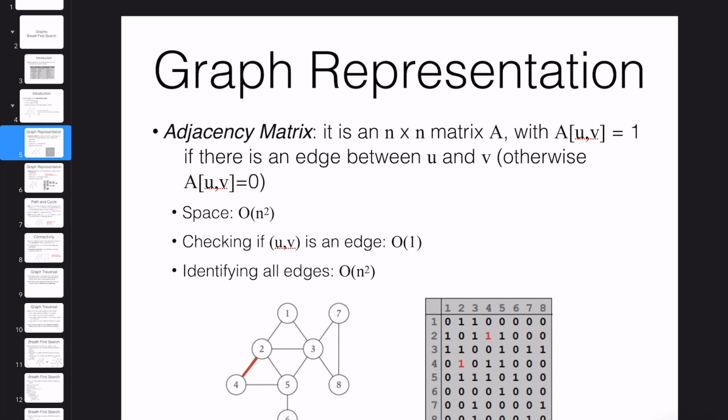which is a two-dimensional array, an n by n matrix, where each row and each column represents one node.